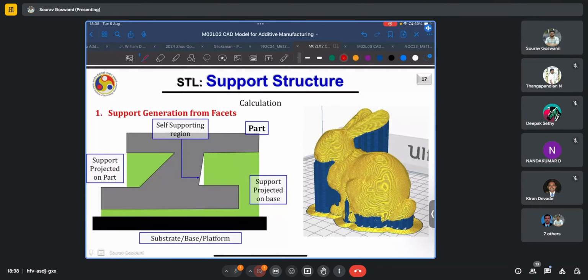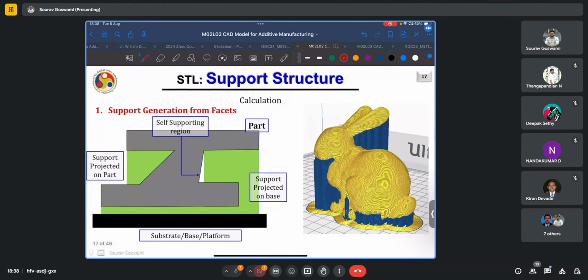Here is another example of a part which may require supports. Here we have regions, so maybe I can highlight it.